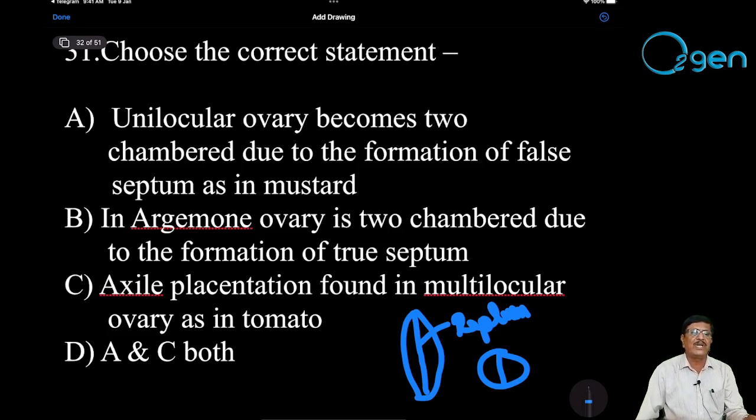Argemone is not two-chambered because, as I told you in the previous question, parietal placentation has one chamber. Hence here options A and C are correct. B is the wrong one.